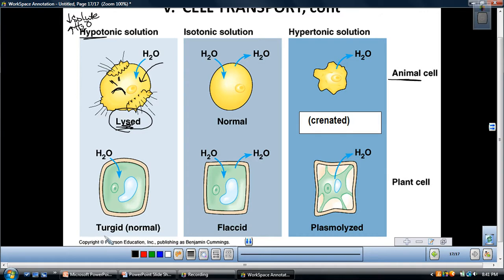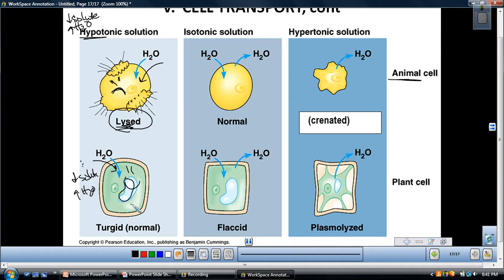But look at a plant cell. Here's the plant cell row right across here. If you put a plant cell in a hypotonic solution, so this is low solute, high H2O, water goes into that plant cell. They are happy, happy, happy, because water goes in, fills up their central vacuole.